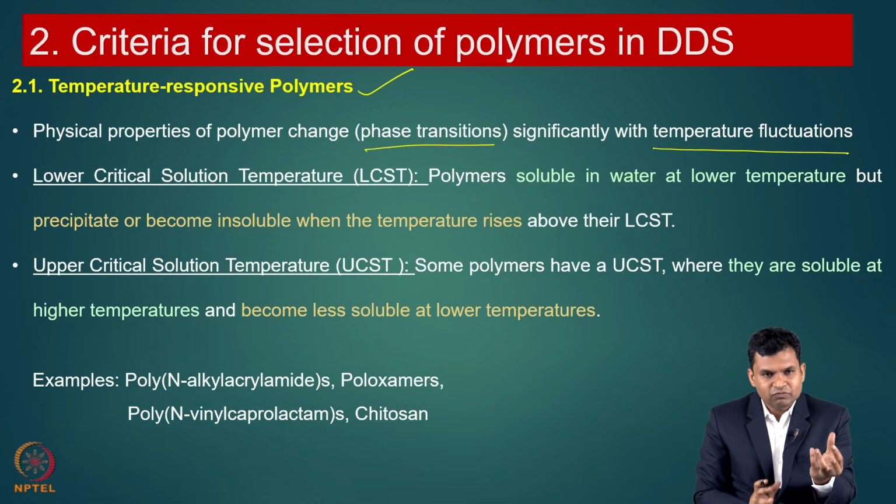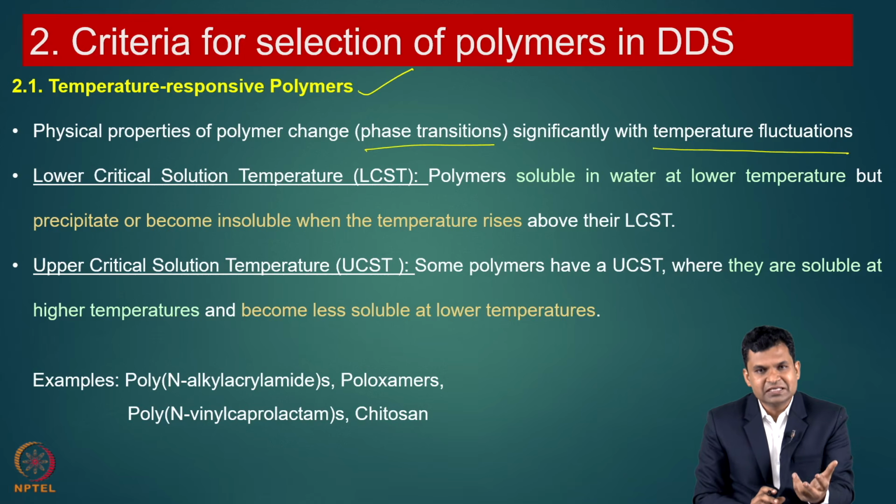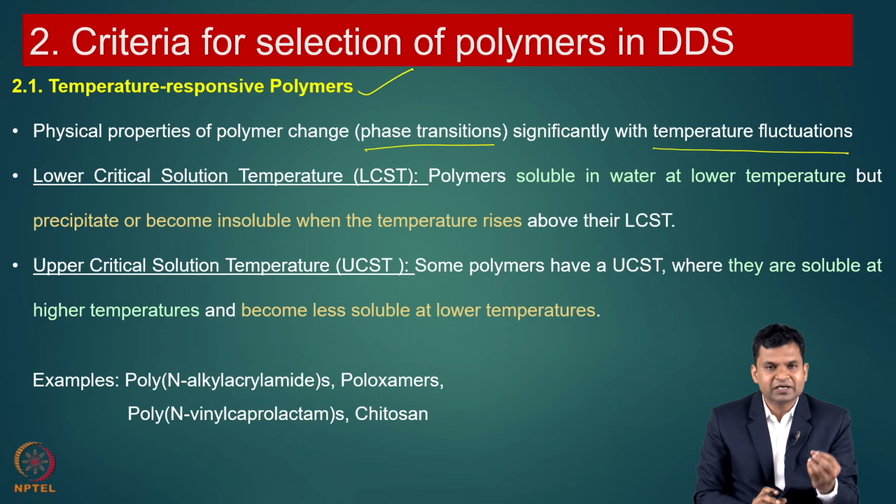When you apply temperature to a dosage form, the polymer will respond and undergo a physical change, and that is very important for targeting, for the release, and also for reaching the right place.